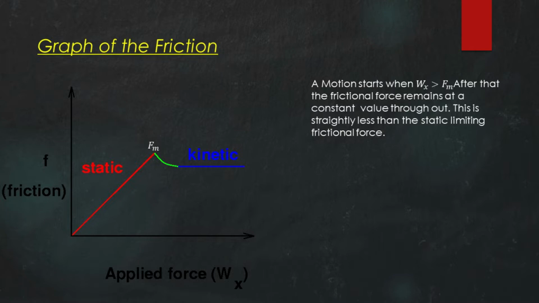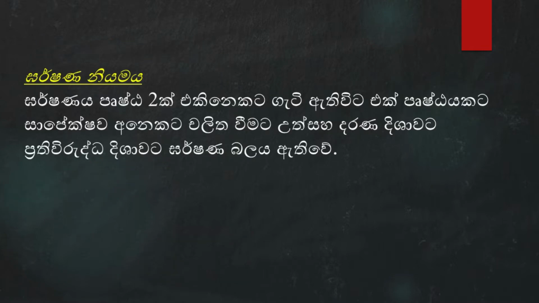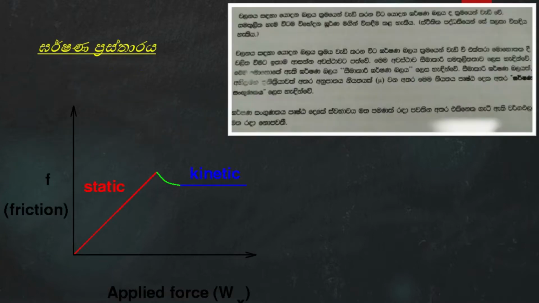If you then increase the applied force rapidly, the friction force will be a little lower than the Fm value, and the particle moves on that horizontal surface. That friction is known as the kinetic friction value, the dynamic friction value. The static limiting friction value is always more than the kinetic friction value.